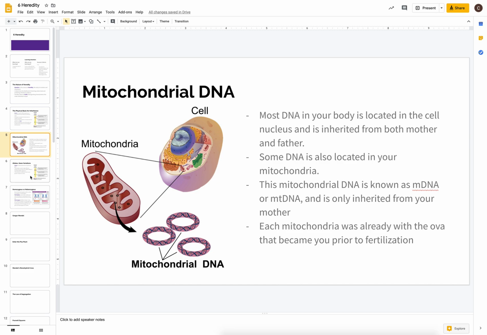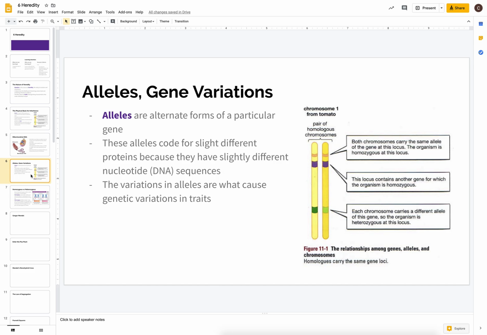The other important thing to point out about DNA is that even if a gene codes for a particular type of information, that doesn't necessarily mean that every version of that gene is identical. There are things known as alleles. What an allele is, it's a variation on a gene.